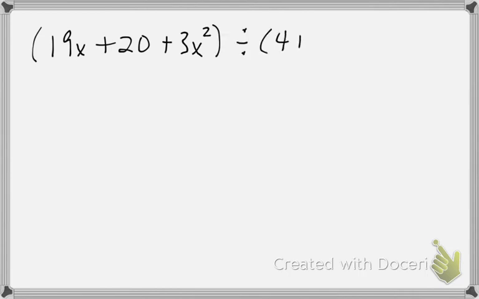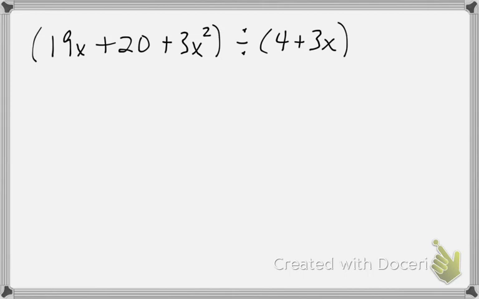So what if we look at 19x plus 20 plus 3x squared divided by 4 plus 3x. All right, again, it's not a monomial that we're dividing by.